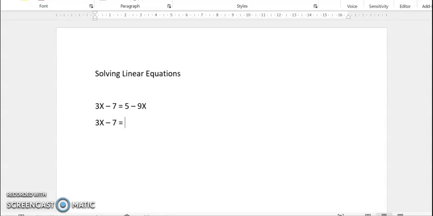Minus 7 equals 5 minus 9x. So what we need to do is add 9x. And again, whatever we do to one side, we have to do to the other. So we'll come back over to this side and say add 9x there.